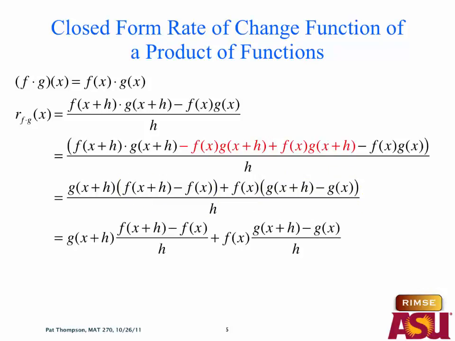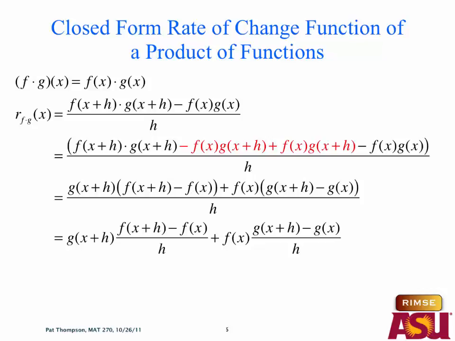So we're going to gather that rate of change of f together times g of x plus h, and gather that rate of change of g times f of x. And then if we want the exact rate of change, what do we do? Let h get really small.